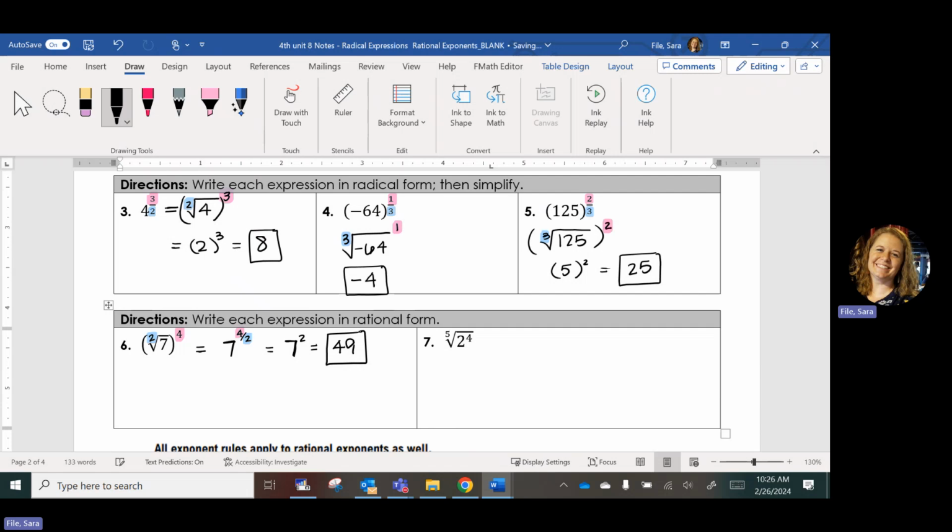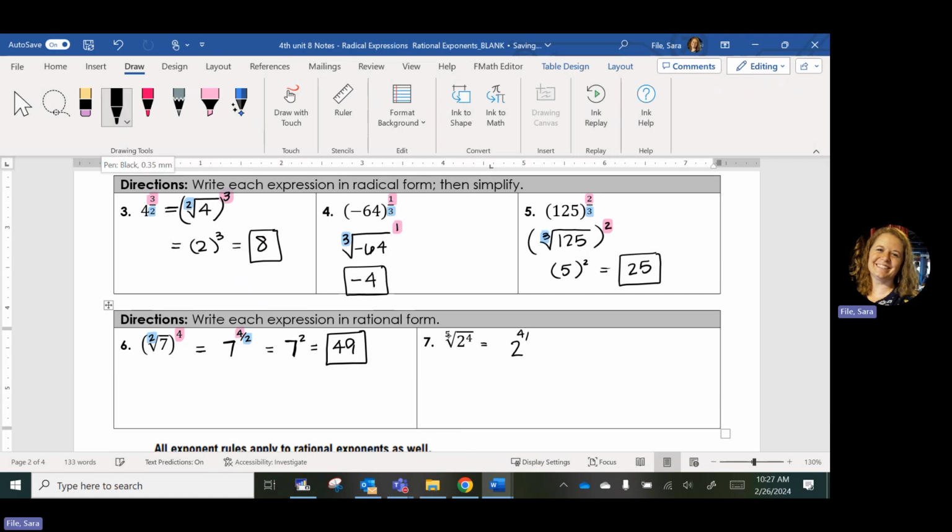So what would this number 7 be rewritten as a rational exponent? The base is 2. What's going to be the power, the rational exponent? Is it going to be 4/5 or 5/4? Good. The power is the numerator.